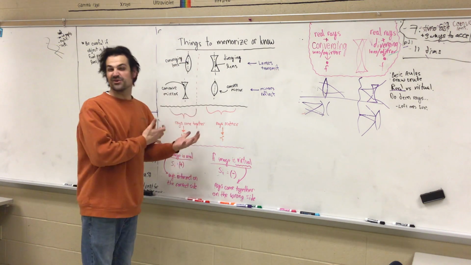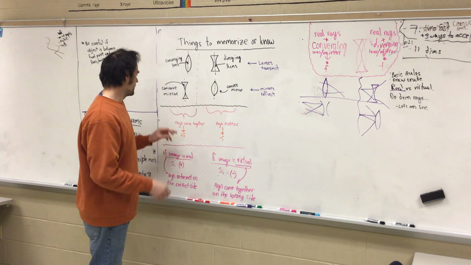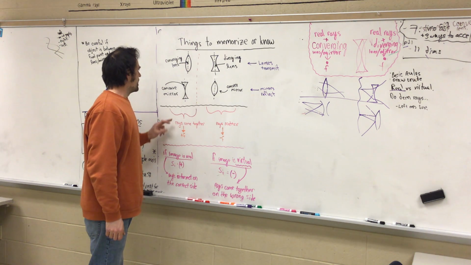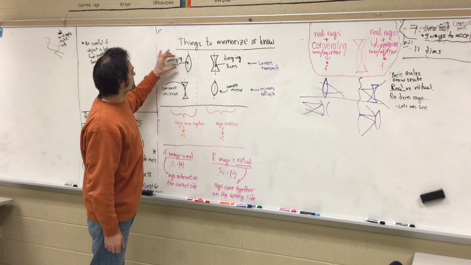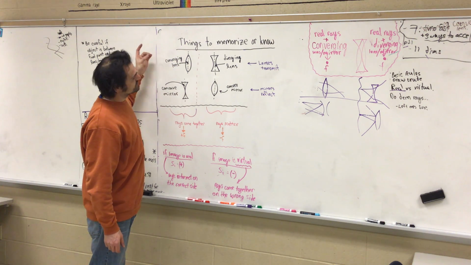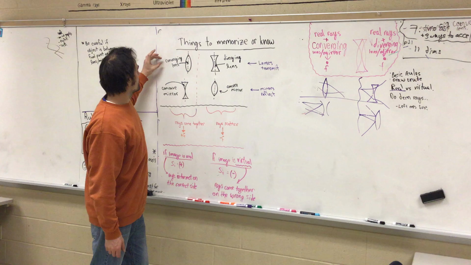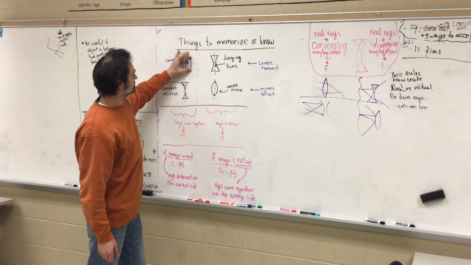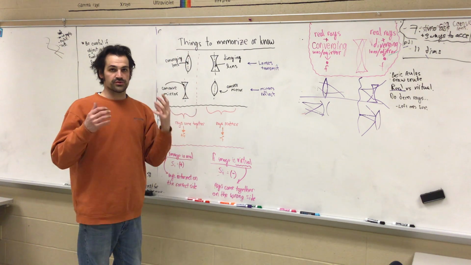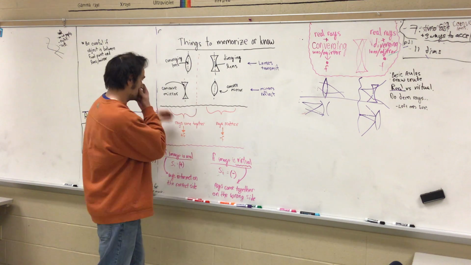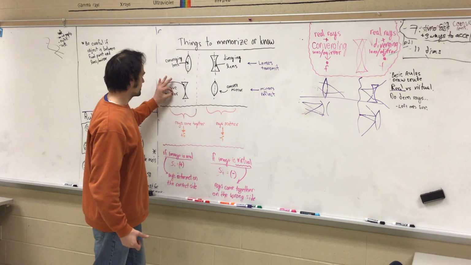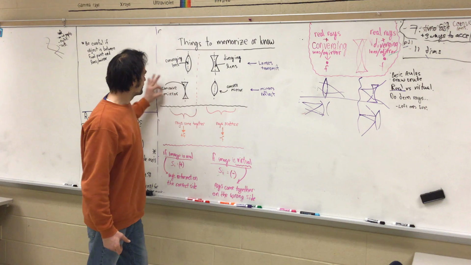That's because they go together. With both of these, when an object or light rays are transmitted through the converging lens, the real rays come together. The same is true for a concave mirror. When they reflect back, the rays come together.